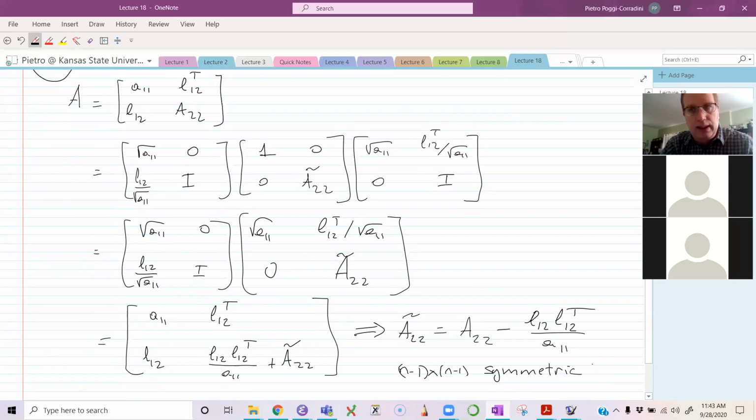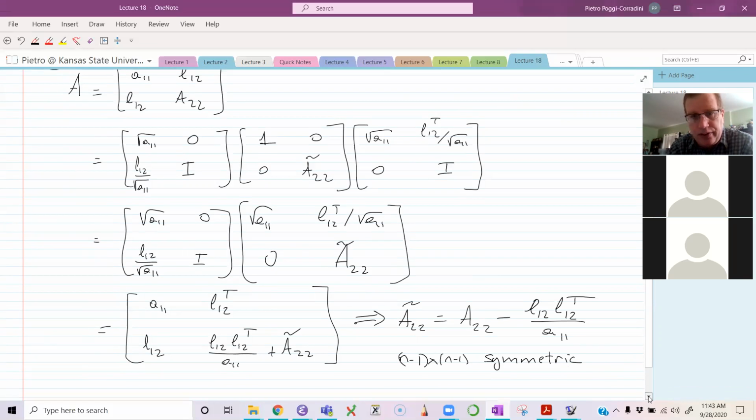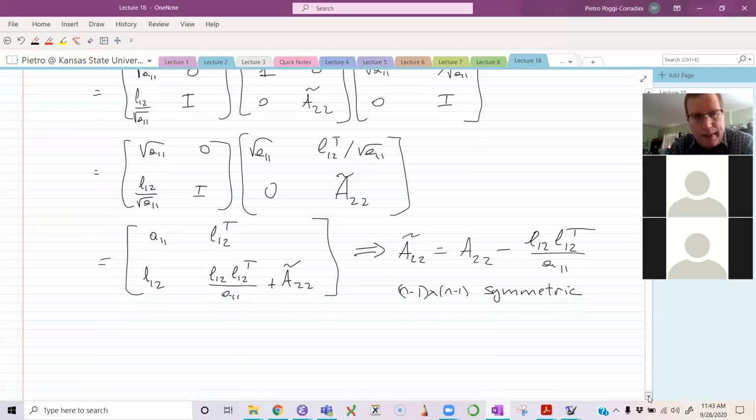Right, because we want to do the induction and we want to be able to just continue on A22 tilde. But the question is, is A22 tilde SPD? Right, so that we can use the induction hypothesis.